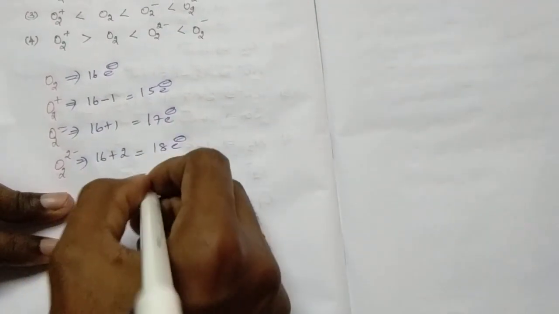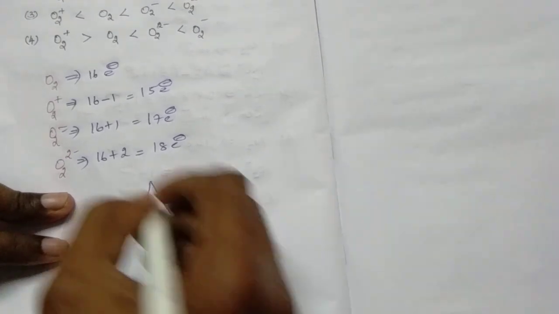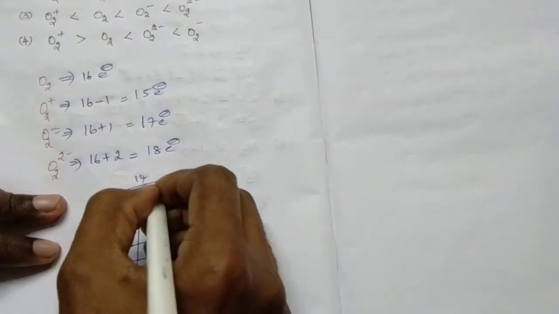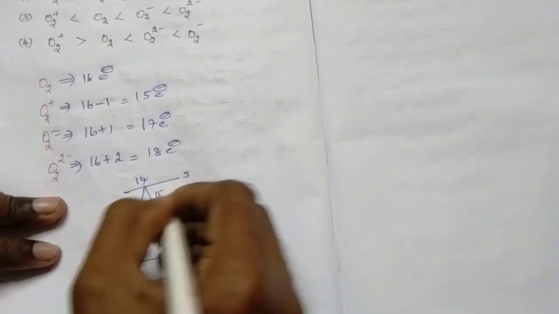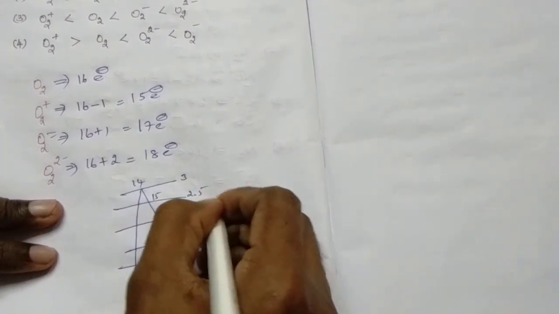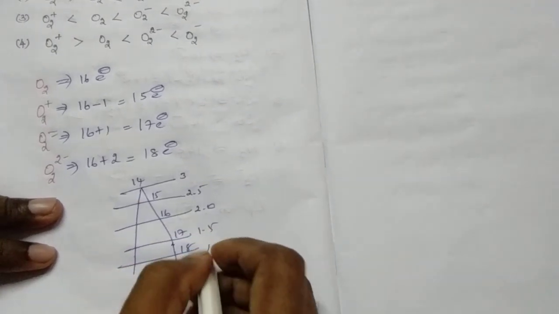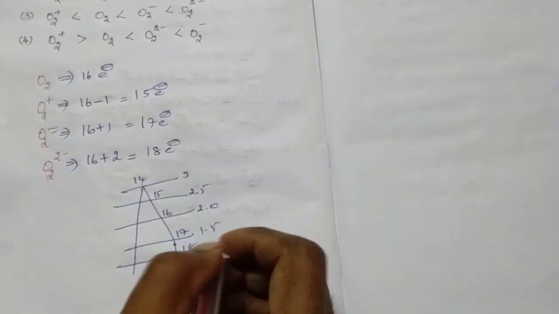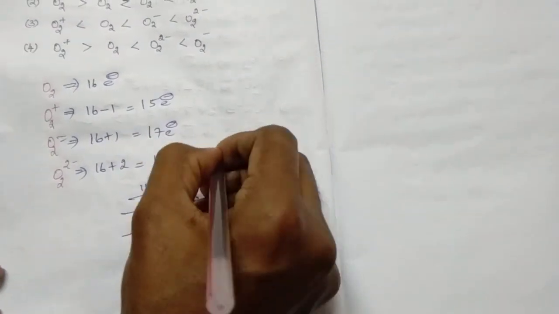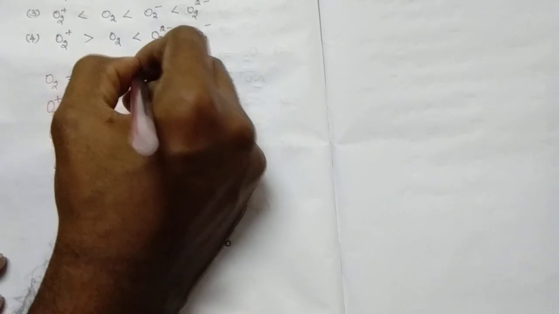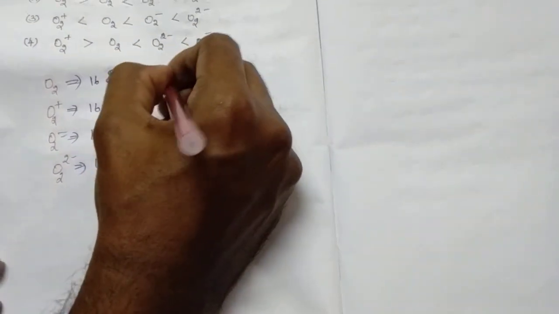Based on this we know the bond order: 14 electrons, 3; 15, 2.5; 16, 2.0; 17, 1.5; 18, 1.0. Up to 18 we can use this. So 18 has bond order 1.0, 17 has 1.5, 15 has 2.5, and 16 has 2.0.